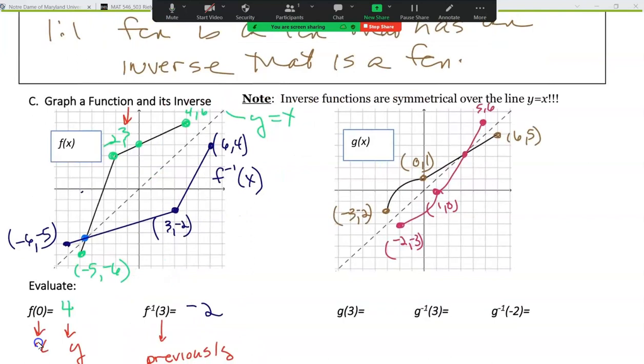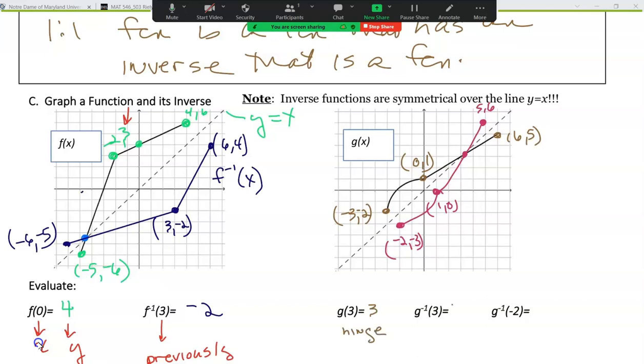Now I'm going to answer these questions. g of 3. So if I have 3, I'm looking on the brown function or the dark function. 1, 2, 3. Go up, and it looks like it's also going to be 1, 2, 3. So that's going to be 3. This is pretty much the hinge, right? Look what's going to happen here.